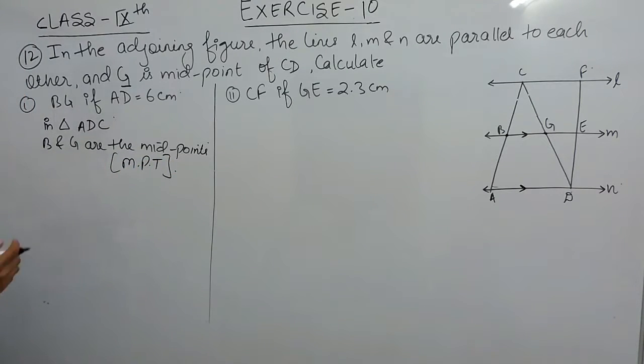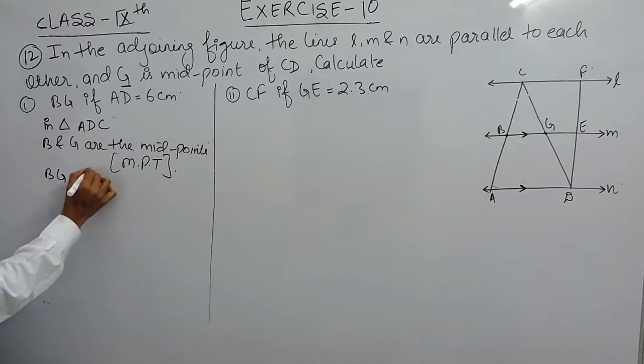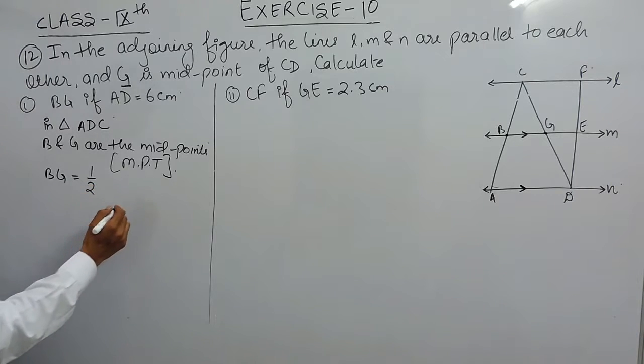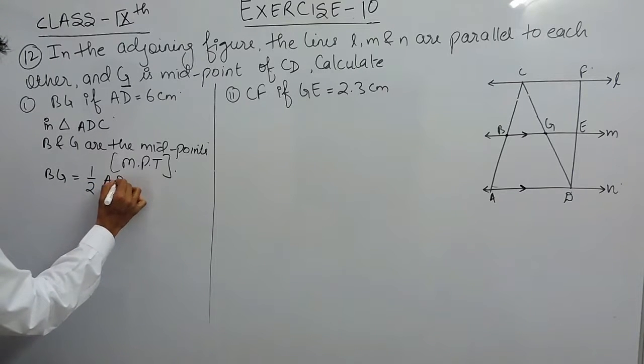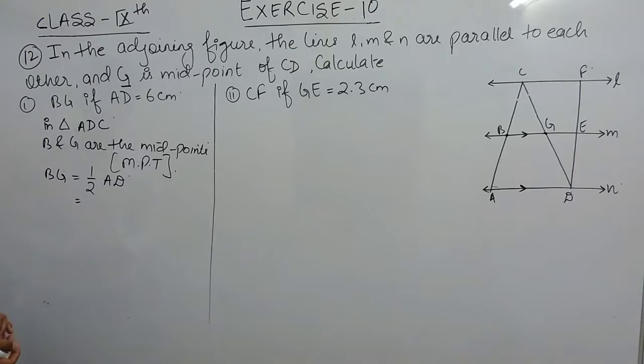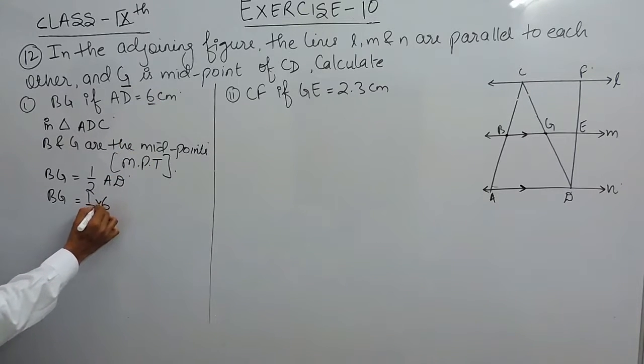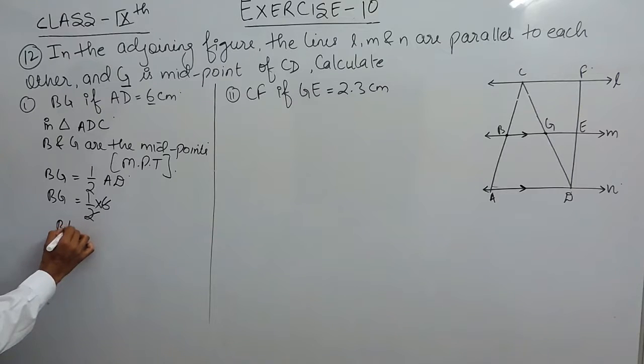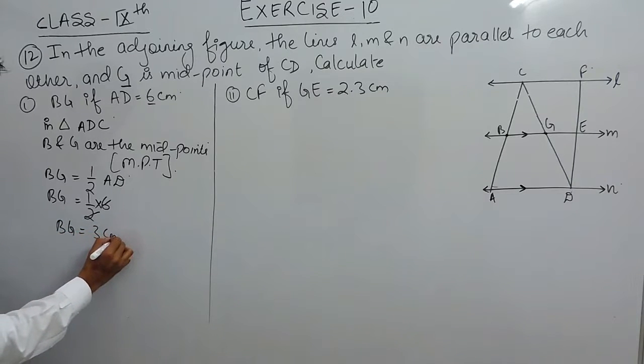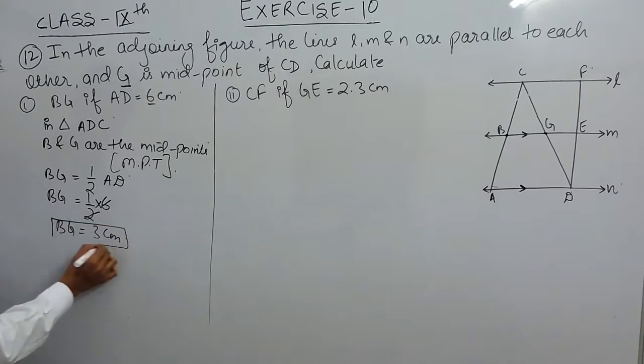So clearly BG must be equal to half of AD. In this case you have to calculate BG, and AD here is given as 6 cm. So the value of BG must be equal to 3 centimeters.